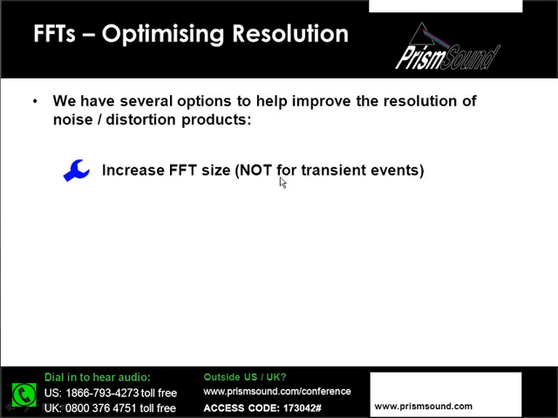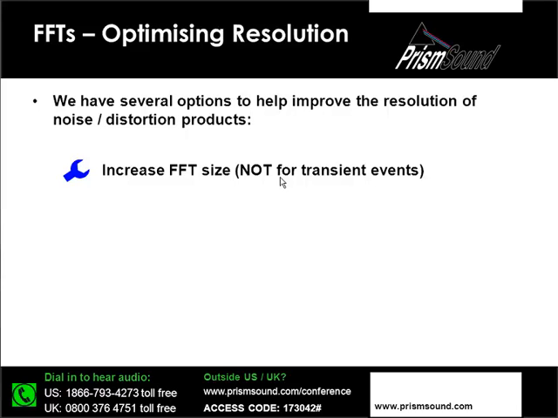Right, so just to summarise then, we can increase our FFT size to increase the resolution of our FFT. And it's important to note that this is really more valid for sinusoidal or continuous tones than it is for transients. If you're looking for a transient event, then if you make your FFT size too large, you run the risk of the total noise in your FFT capture exceeding or at least approaching the energy in the transient event.